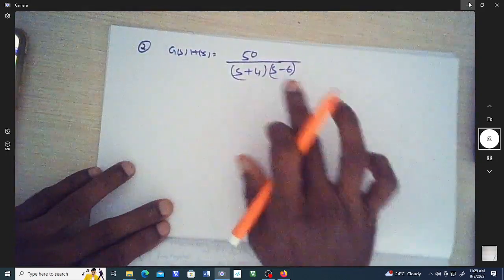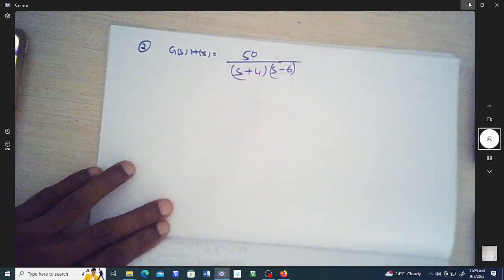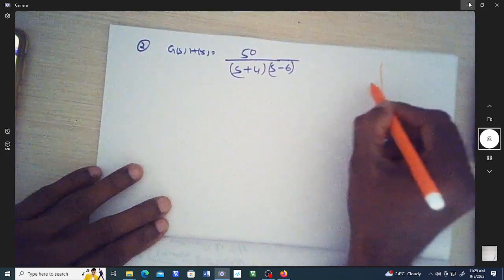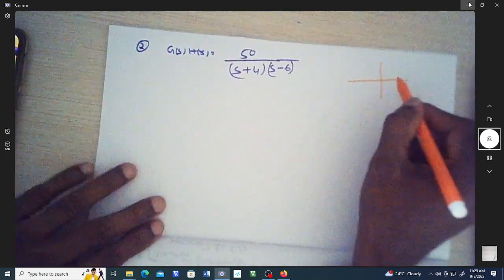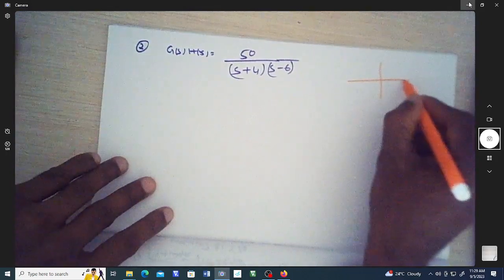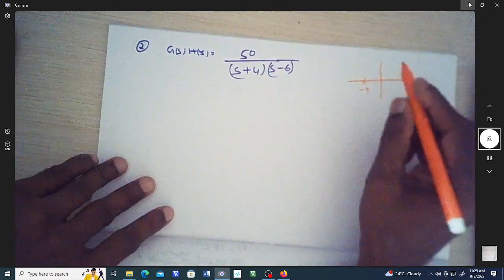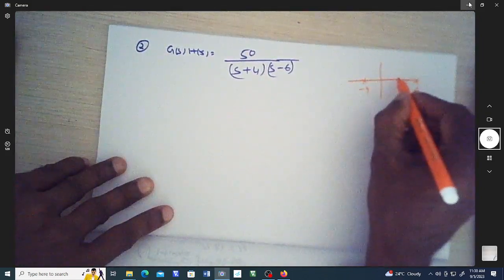Looking at the open loop poles and the system gain, or the root locus gain of the system, suppose you see the poles and zeros of the open loop system: you have one at 6 here, and this is at -4. We know that the centroid will be on the right hand side of the S plane.